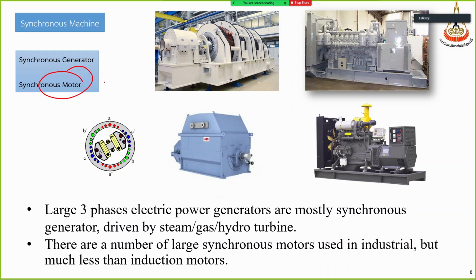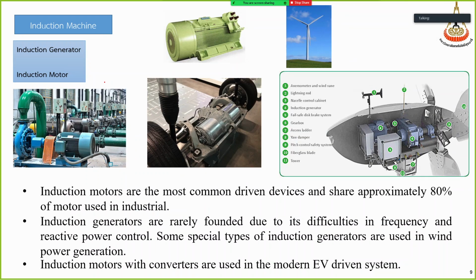Okay, and then we also have the induction machine. The induction machine is the most common driving device in industry, and it shares approximately 80% of motor use in industry.